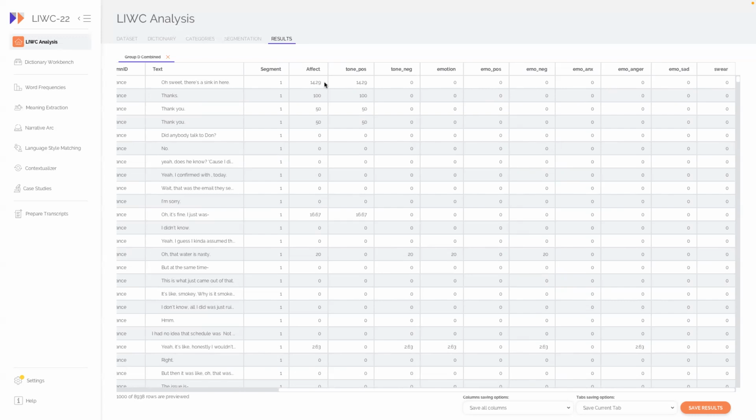But affect was an overarching category, so as long as I've clicked everything, it should equal the sum. The reason these two look the same is that this plus all the zeros is this. But I'm surprised some of these don't have any.